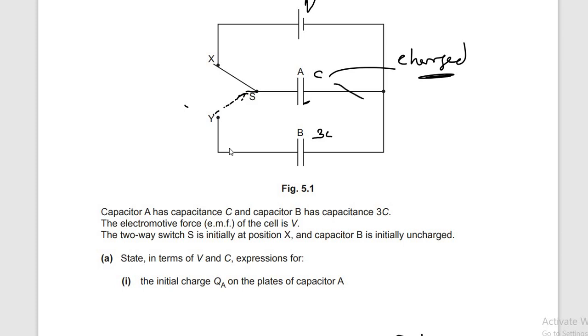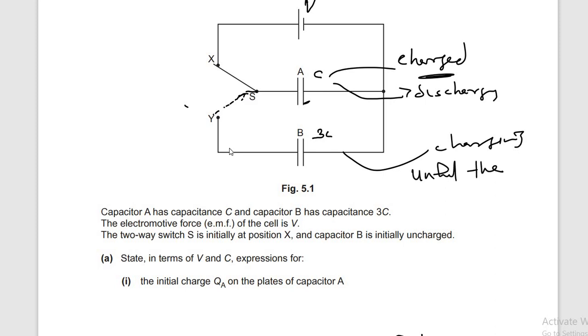So now A will be discharging while B will be what? Charging until the charges are equal. It's like thermal equilibrium. Until A doesn't have more than B anymore.